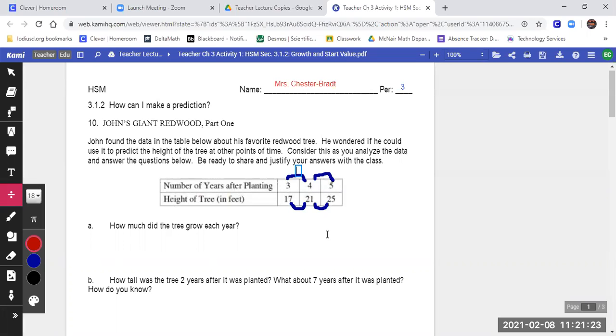Okay, we're adding a year. And then from 4 to 5. From 4 to 5, what are we doing? What am I looking at here?